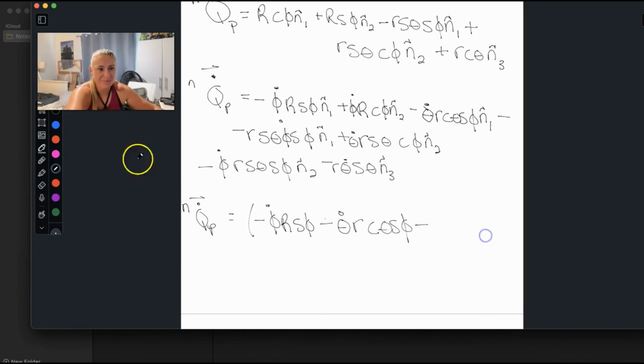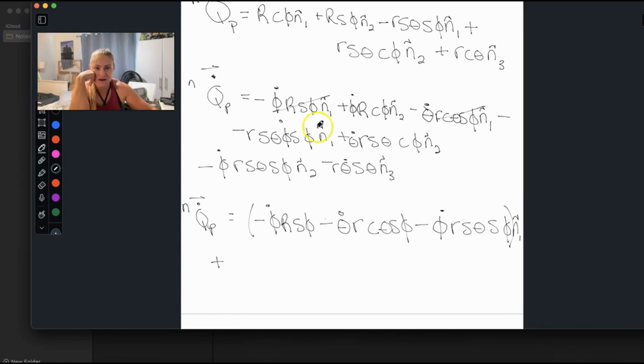So you want to get in the habit of putting the highest rank first. So we have this term is done, this term is done, we're working on this term. So let's take out that phi dot, and then r sine theta sine phi. All of that is in the N1 direction.